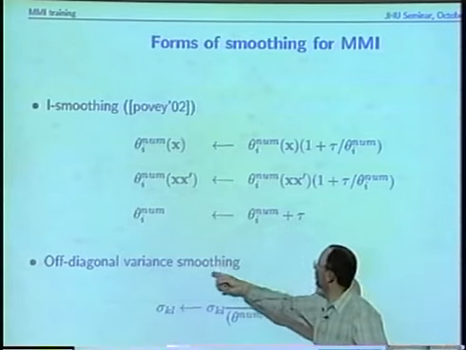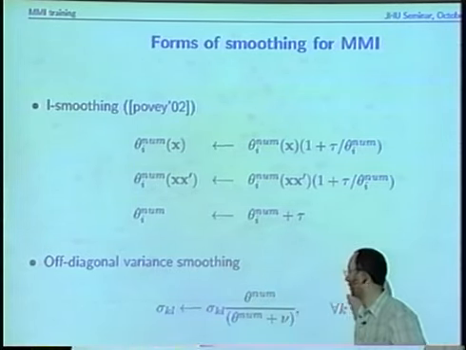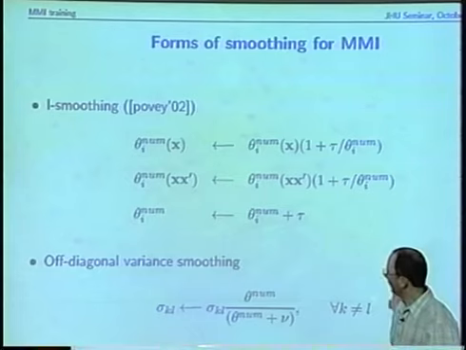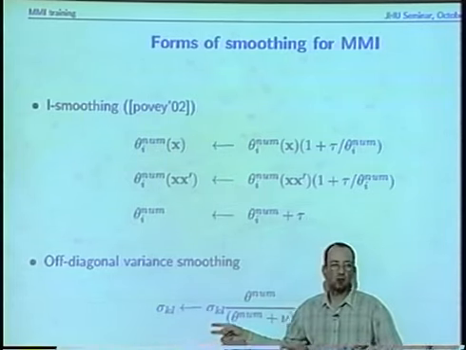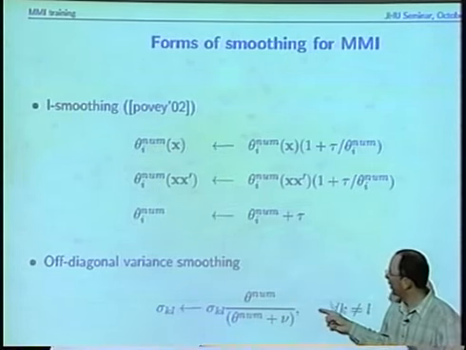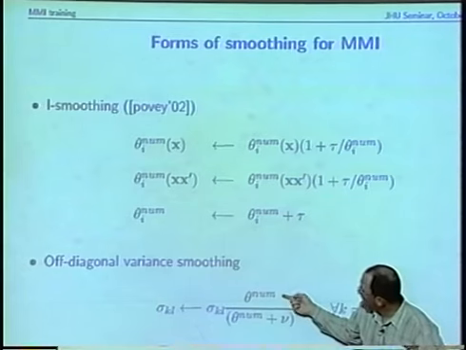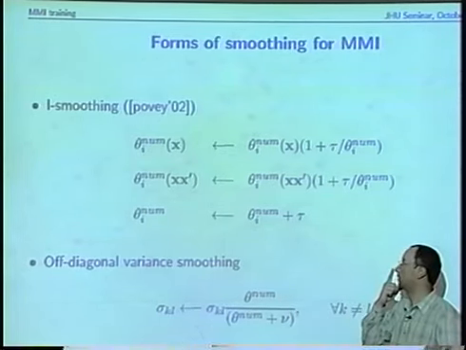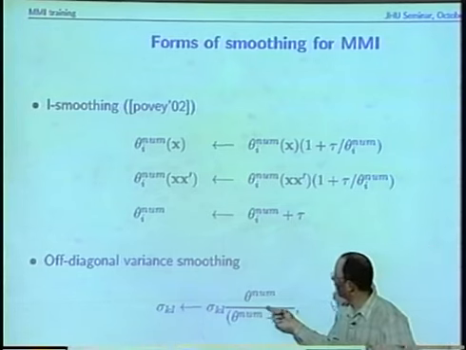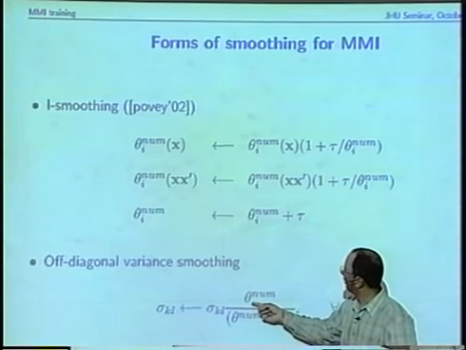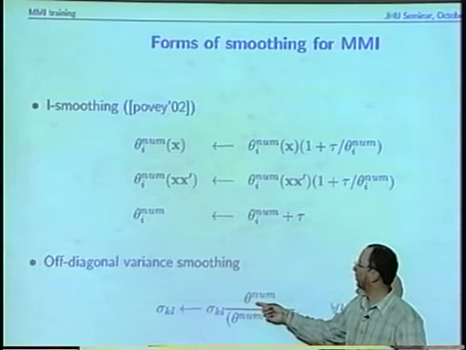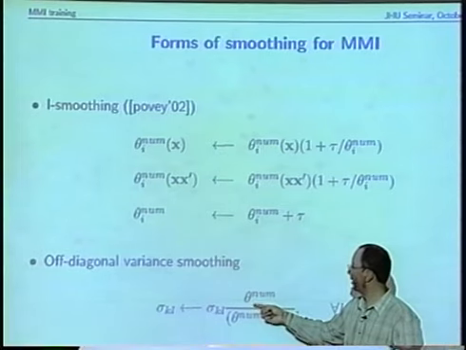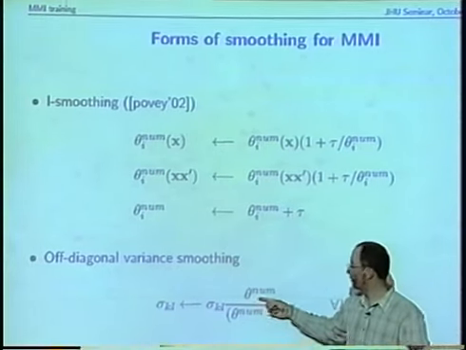And the second type of smoothing is the off-diagonal element variance smoothing, where you divide the off-diagonal elements by a factor. Let's put it this way. If the ML counts for that particular Gaussian are high, then you don't do anything.